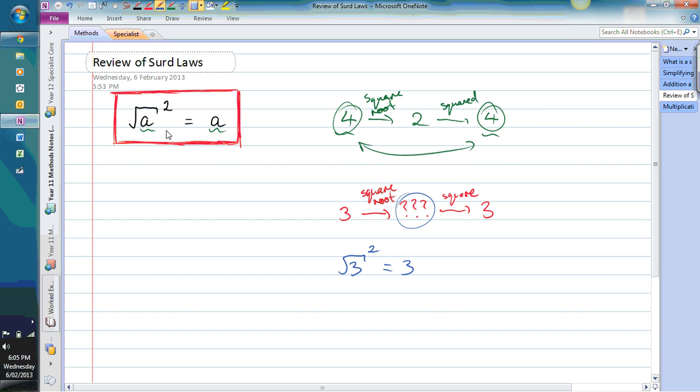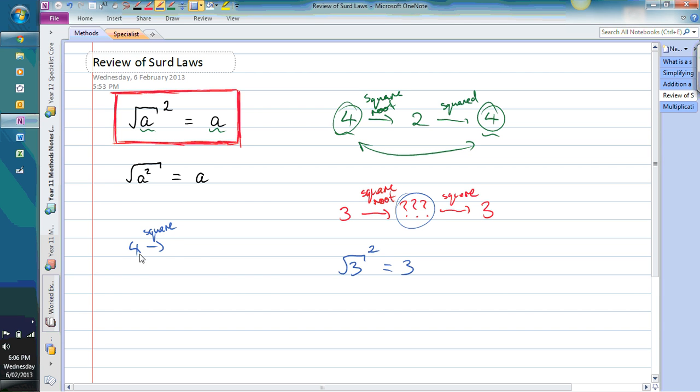We can actually even reverse this around. We can change the order of the two. If I take a squared and find the square root of that, that's also going to be a. And you can see that pretty clearly. Pick a number for a, say 4. Let's square it.